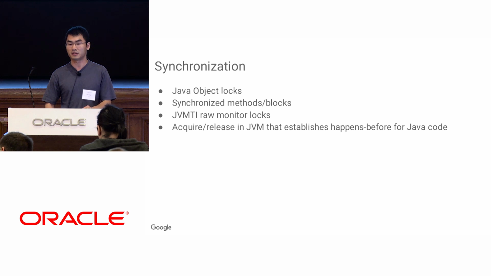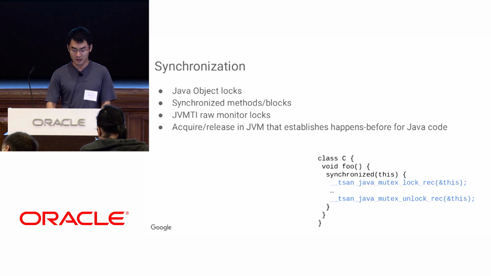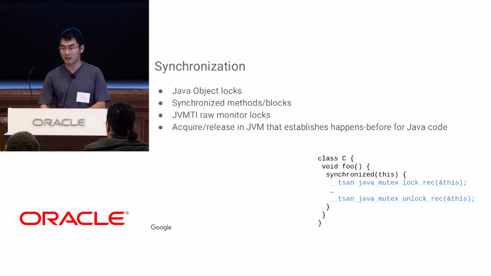When you initialize a class, you actually establish happens-before from the class initializer to the actual use of the class field. For example, if you have a synchronized block, then you need to add the TSan callback after the lock acquire and notify about the address of the lock. Also, before releasing the actual lock, you need to notify TSan about the unlock. So that's the instrumentation for the synchronization.